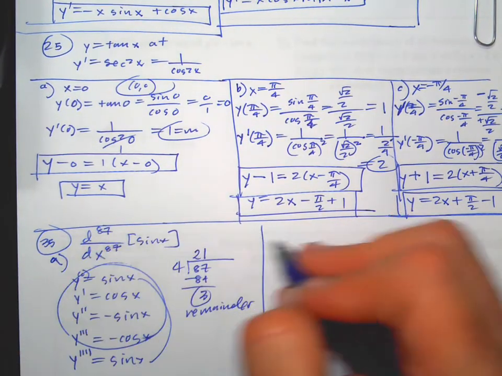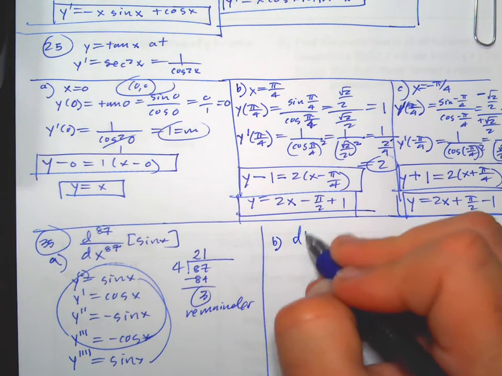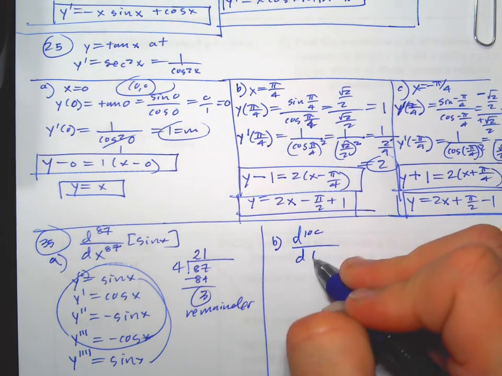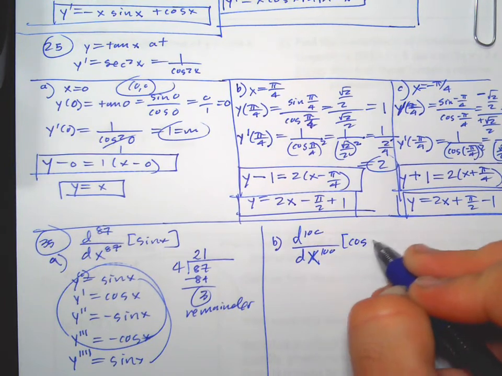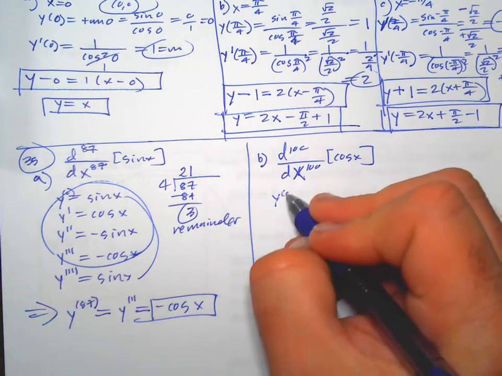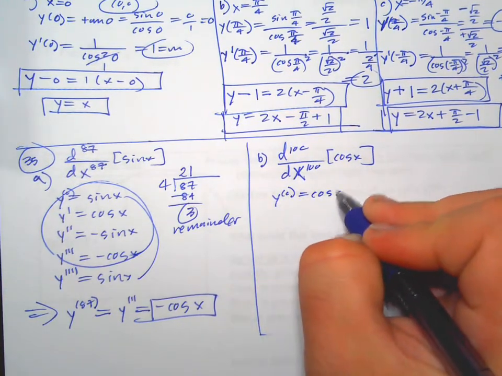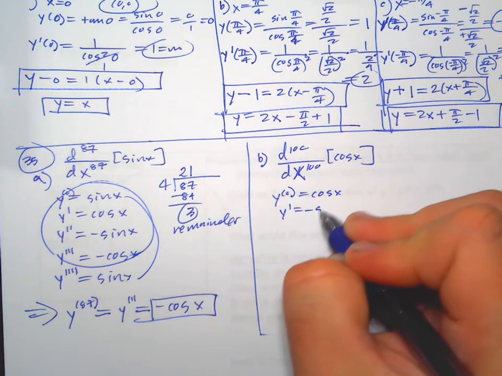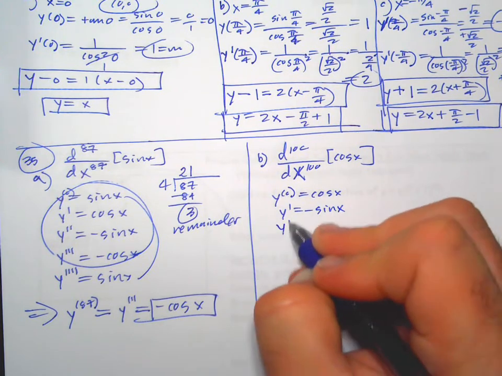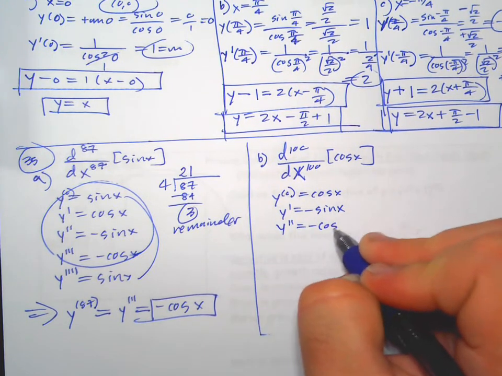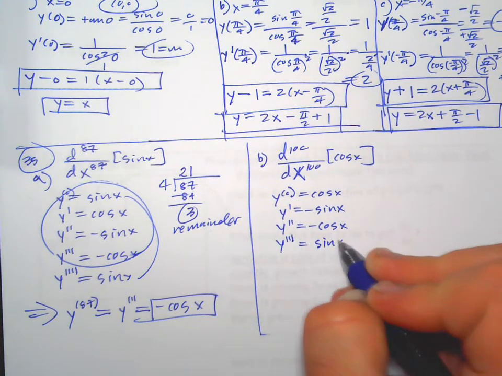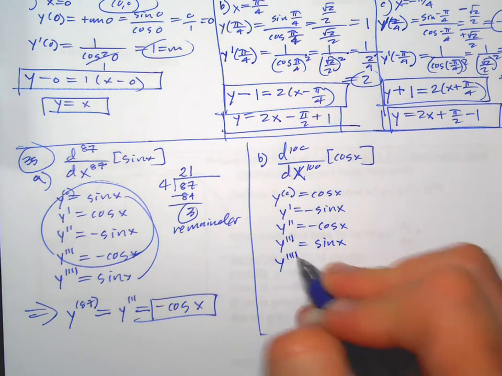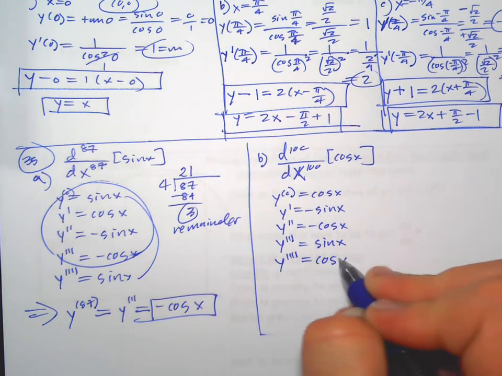Part B says we're going to find the 100th derivative of cosine x. Okay, well, the 0th derivative is cosine. The first derivative is negative sine. The second derivative is negative cosine. The third derivative is positive sine. The fourth derivative is cosine. And we're back to where we started.